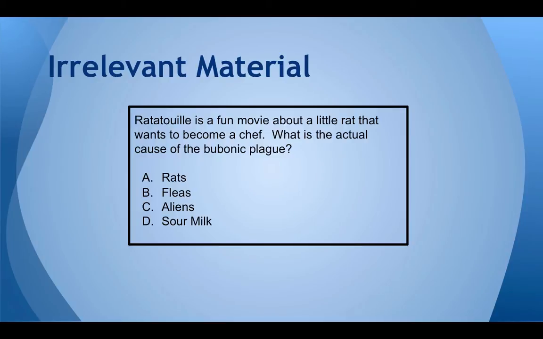So in a testing situation where students have very little time and they already have a lot of anxiety while taking the test, it's better not to overload students with additional cognitive material which they have to process. So a direct question like what is the actual cause of the bubonic plague is better than a question like this, which gives a little introduction before coming to the question directly.